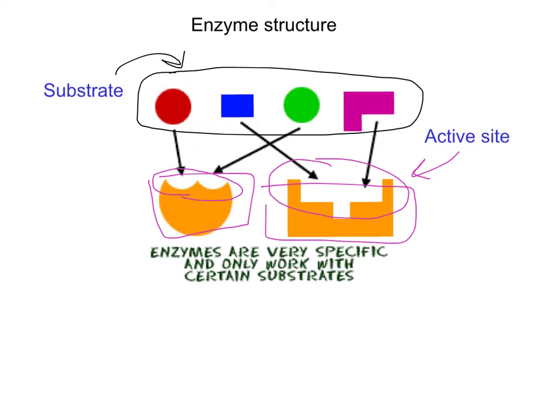And you'll notice here, you can see how these enzymes are substrate specific. The circles only fit into this enzyme here on the left, and the rectangular shaped ones only fit in the enzyme there on the right. That's what we mean by the enzyme being substrate specific. Only certain molecules can fit into the enzyme.